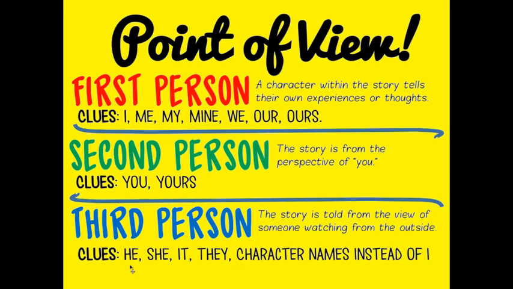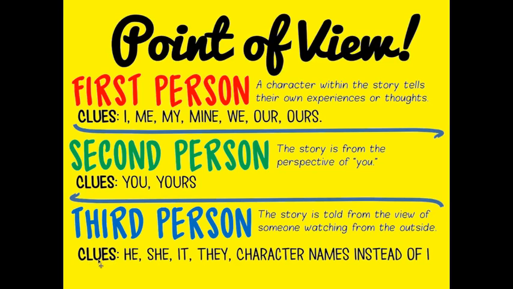You'll see pronouns like he, she, it, they, and a character's name. These are all ways to talk about other people. They never use the word I. Remember, if they use the word I, then that would be first-person point of view.